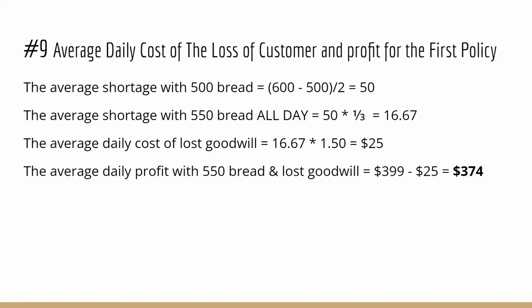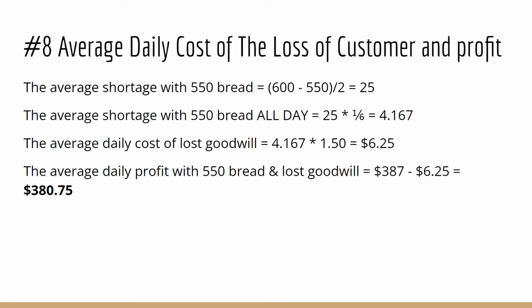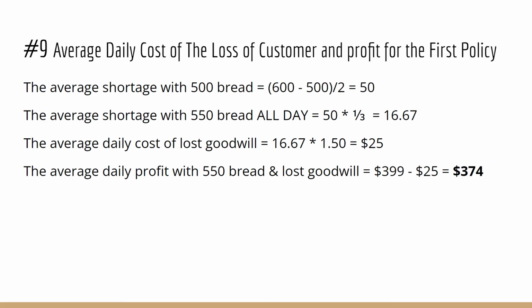The only difference is the dollar values, the amount of bread, and also the probability of incurring the shortage. So we just substitute different values, and we got the answer for this, and that's it.